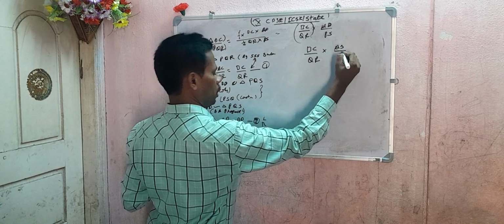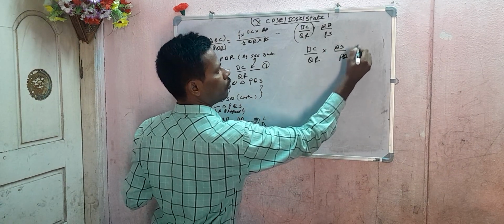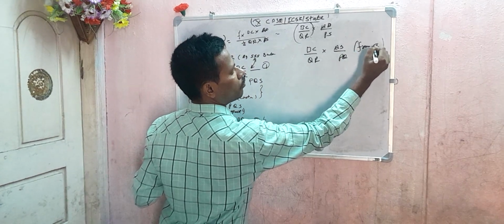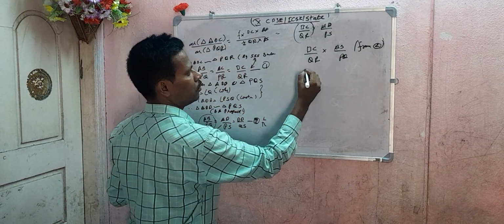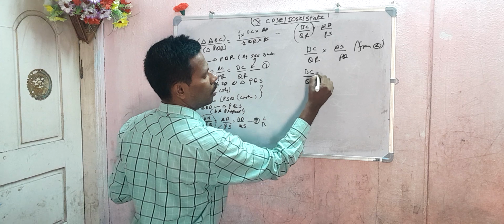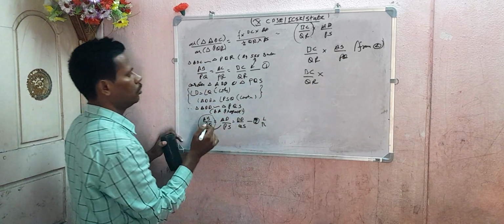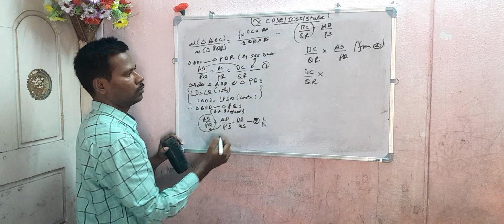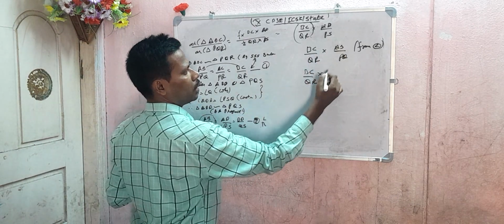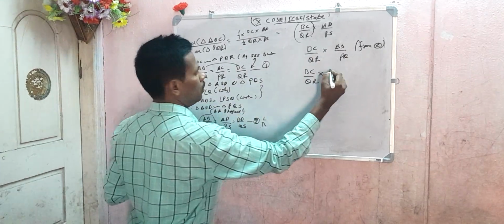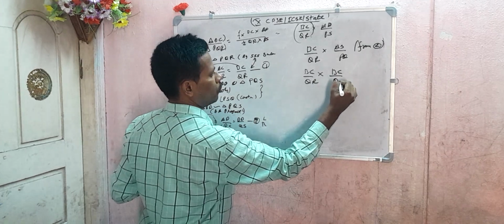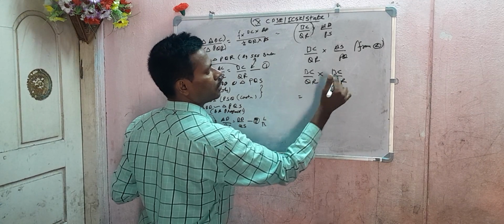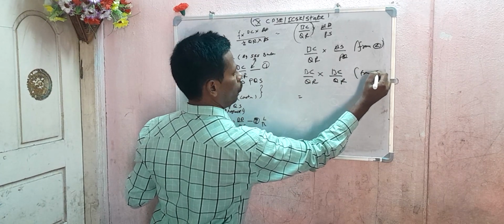So BC by QR into AB by PQ. What can you write here? In place of AB by PQ, you can write BC by QR from 1.